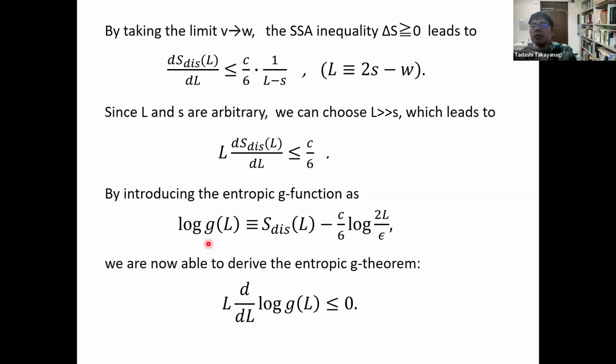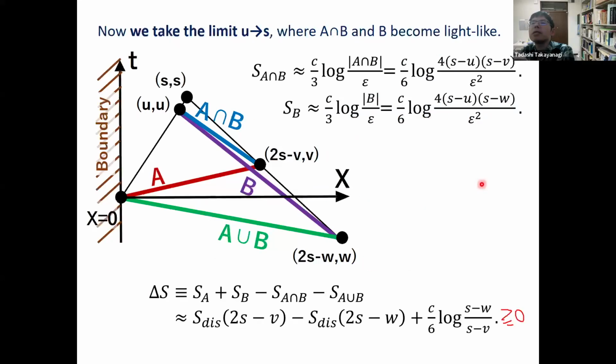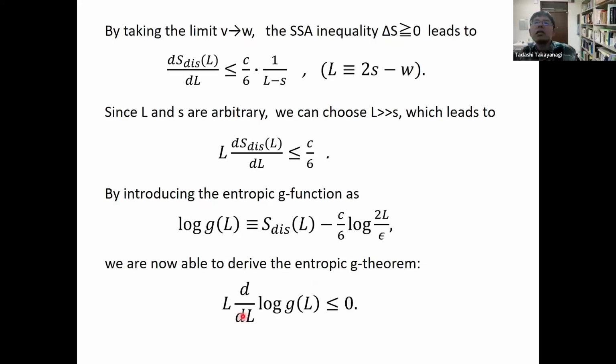Because we can define, as we already mentioned here, this part as a g function. We just subtract this piece, take this difference, and take the derivative to show the g-theorem, and indeed, this inequality tells us that the length derivative of the g function is non-positive.